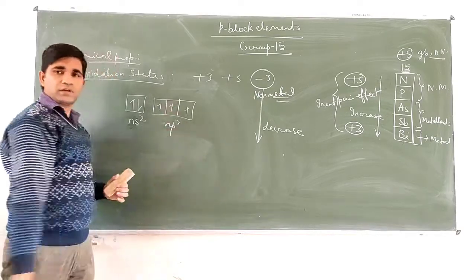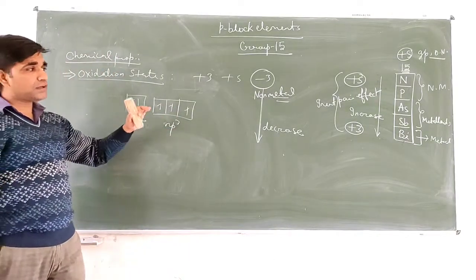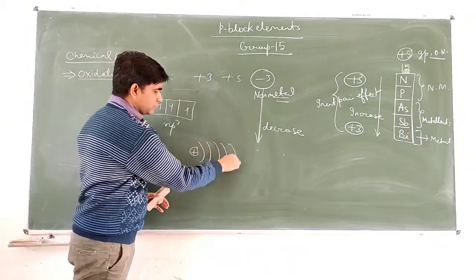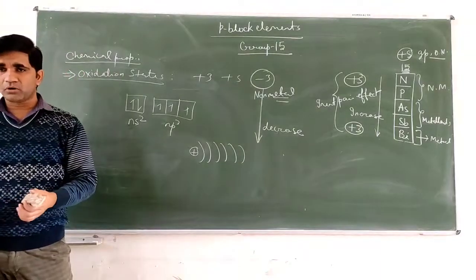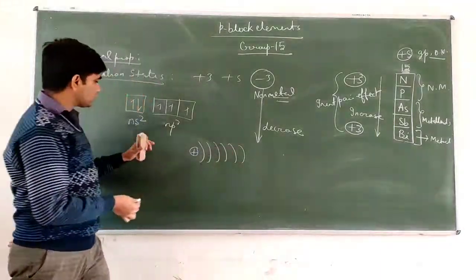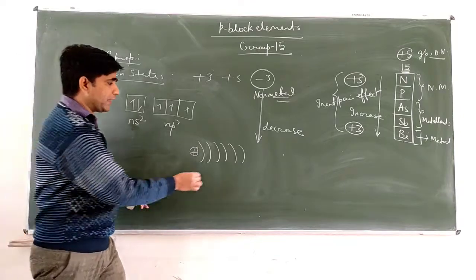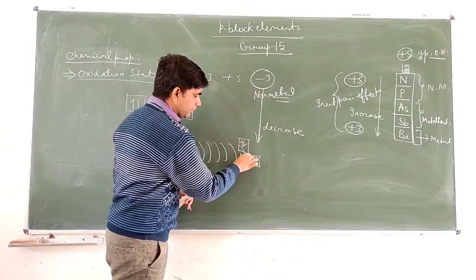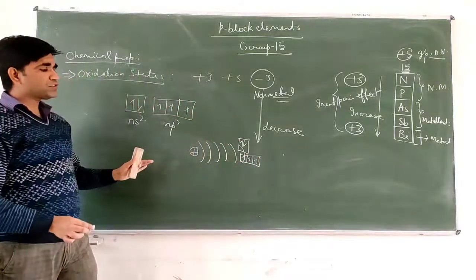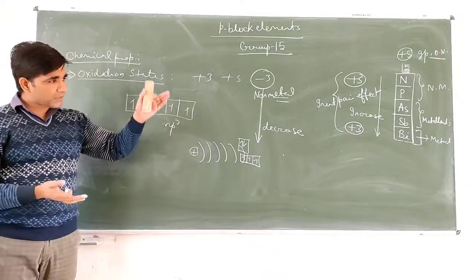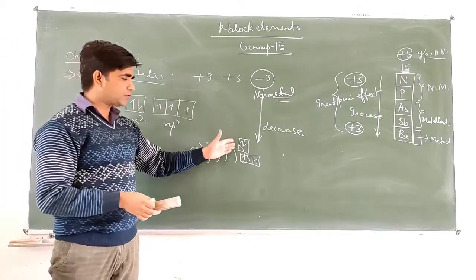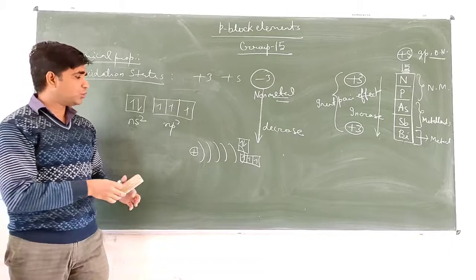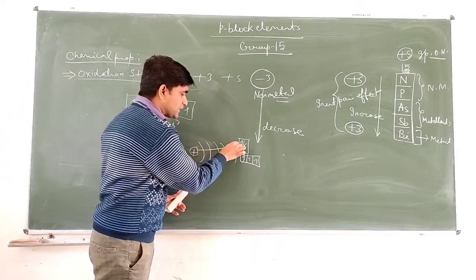But for the heavier elements, which have a different number of shells, the electronic configuration of the last shell is also ns2 np3. These electrons are attracted more towards the nucleus for the heavier elements because the intervening electrons are d and f electrons, so they exhibit a poor shielding effect, and due to poor shielding, the nuclear charge passes easily.